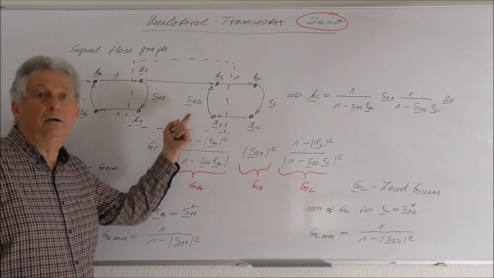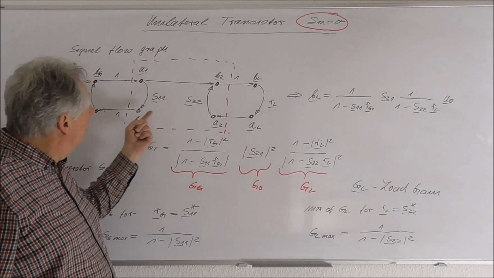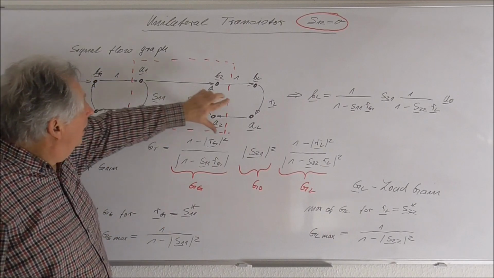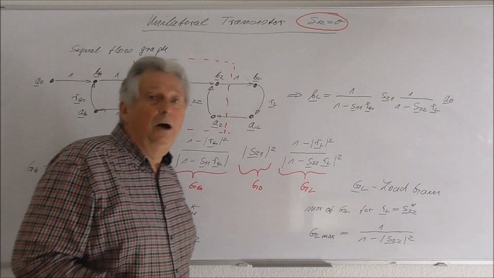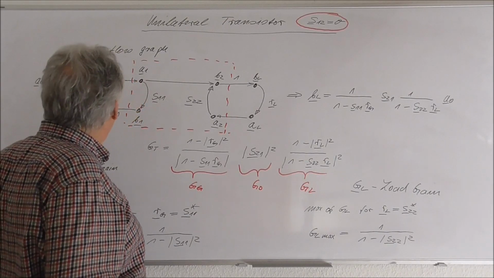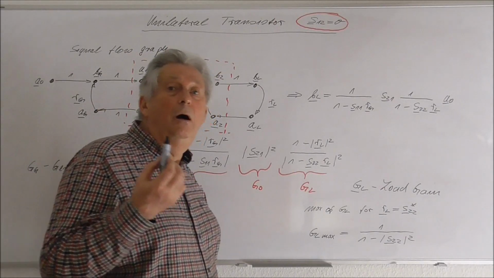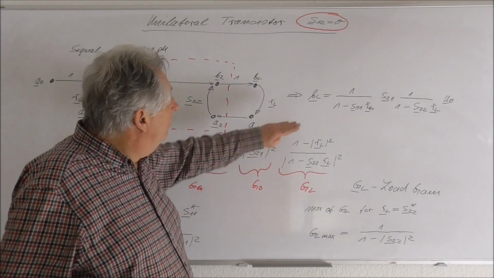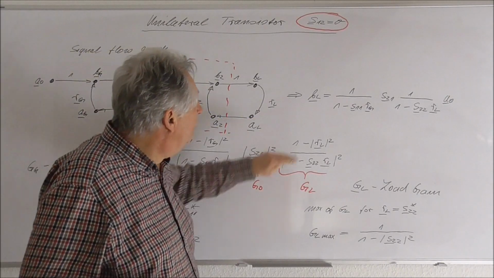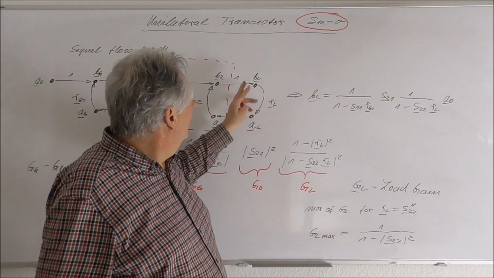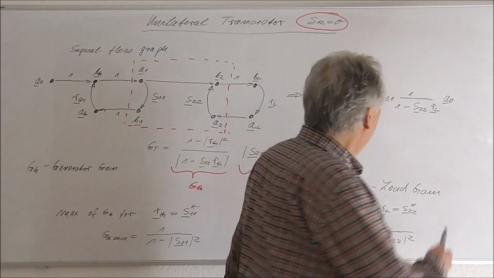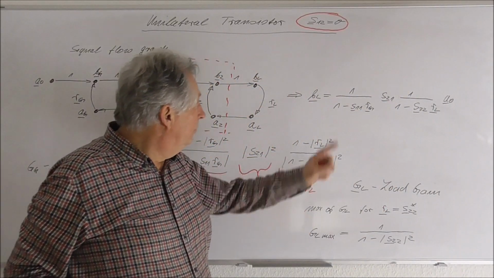As you see in the signal flow graph, S12 is missing. So the output and the input are isolated. Of course, we already set up an equation for the transducer power gain, and with the help of the signal flow graph we can now deduce an equation for the wave amplitude which enters our load, independent of the wave amplitude of our generator.